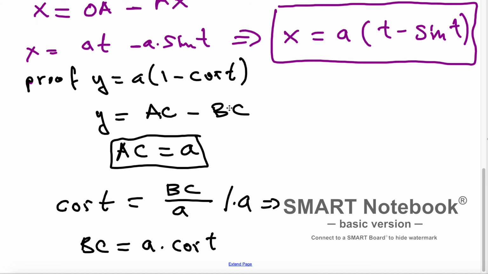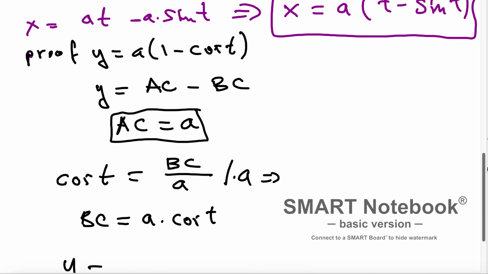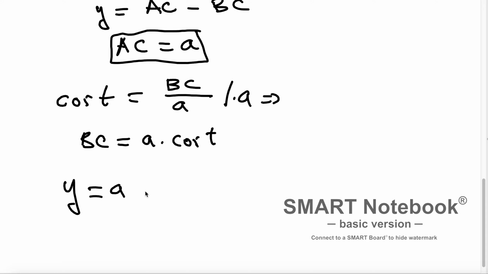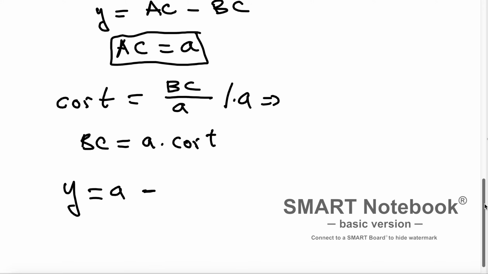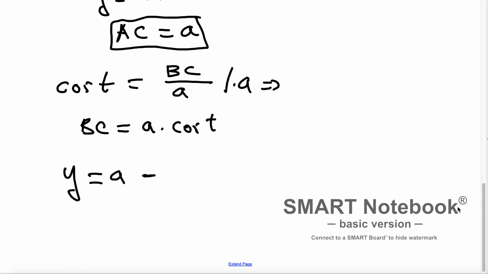Finally, substituting into y, instead of AC we have a, minus BC, which is a times cosine t.